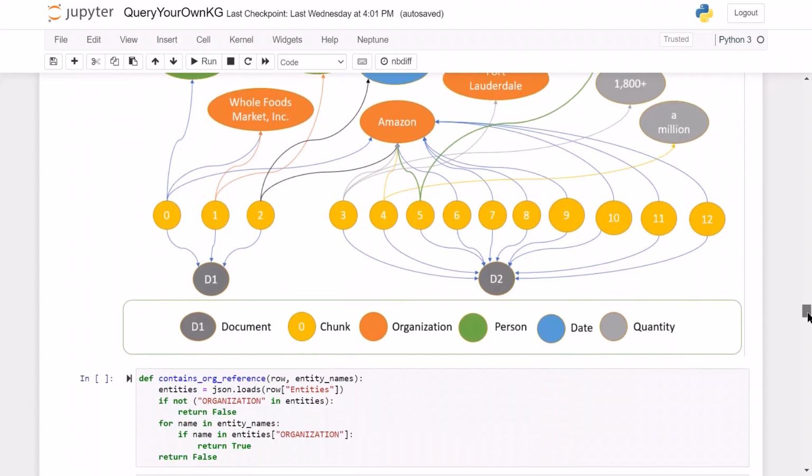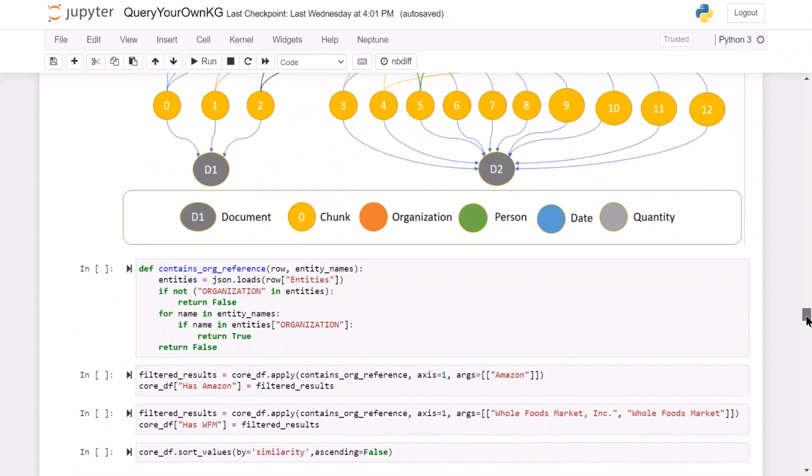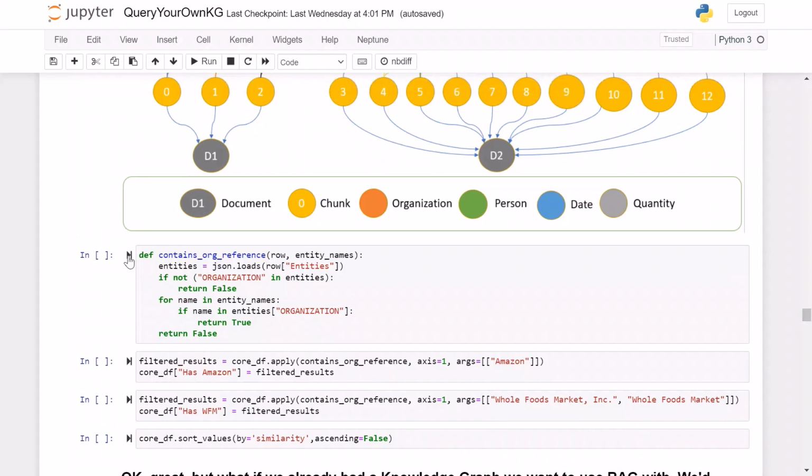And so what I'm going to do now, now that I have all the chunks and the entities extracted from each of these chunks, including my question, is create two simple pandas functions that are going to pull out of the list any entities that reference a certain word.